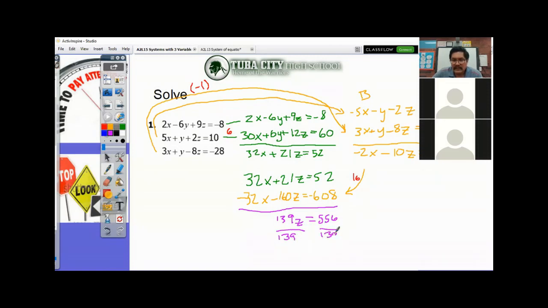Divide both sides by 139. And z equals, come on, z. There we go. z equals 4.